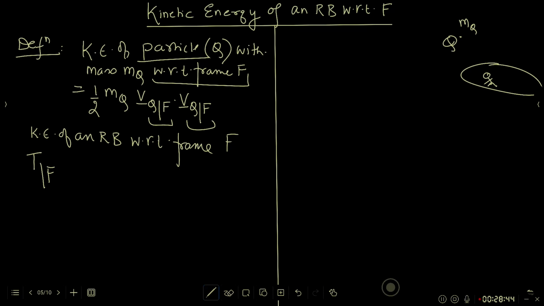How is it defined? Like this: an integral over the whole body. What is V_PF? So this is body M, P is a typical point on the RB, and this is frame F.